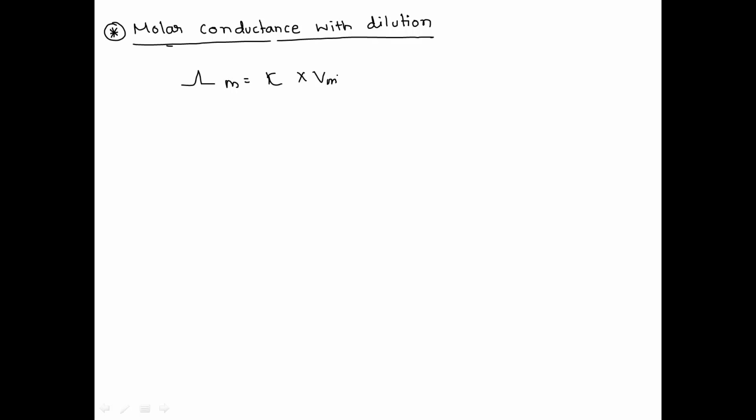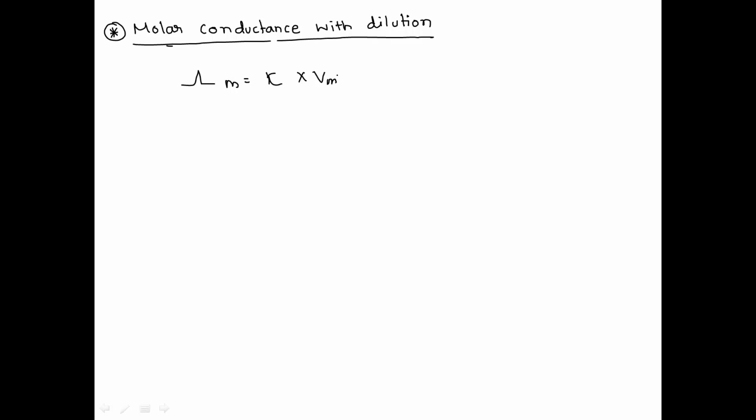So in terms of dilution, what happens to lambda m, the molar conductance? We see that with dilution, the decrease in kappa, that is conductivity, is compensated by the increase in volume.